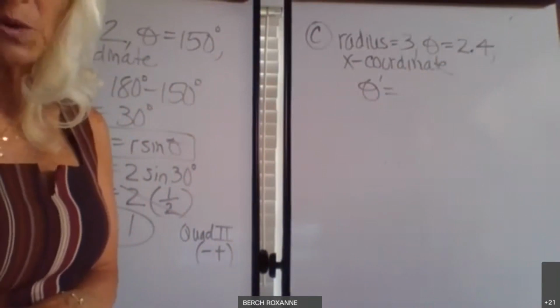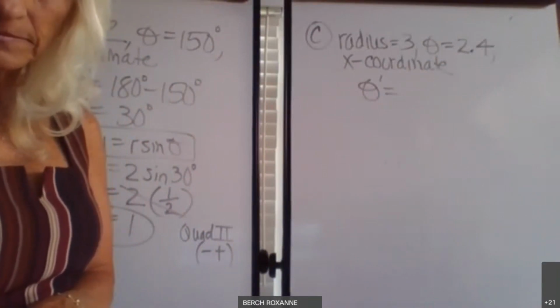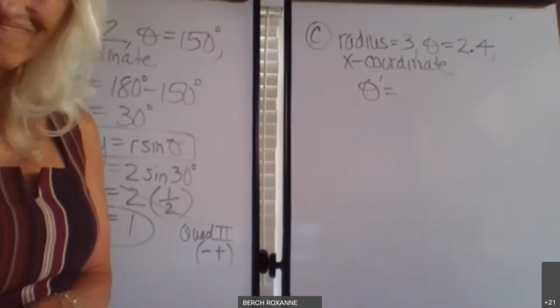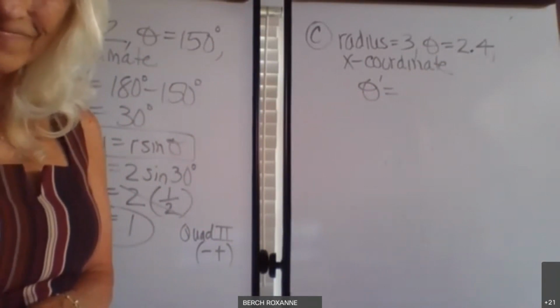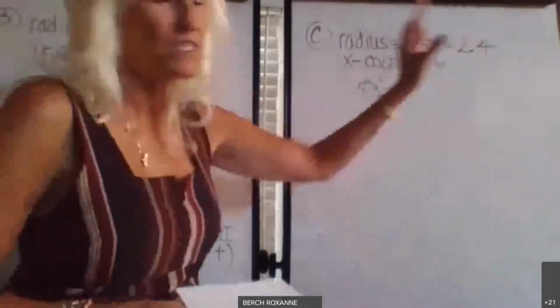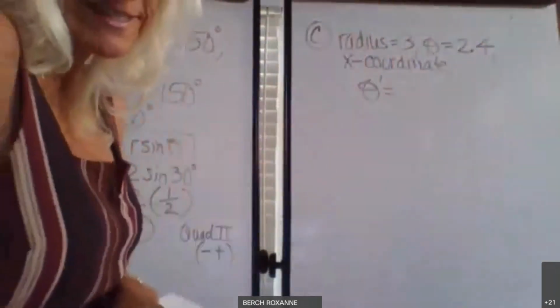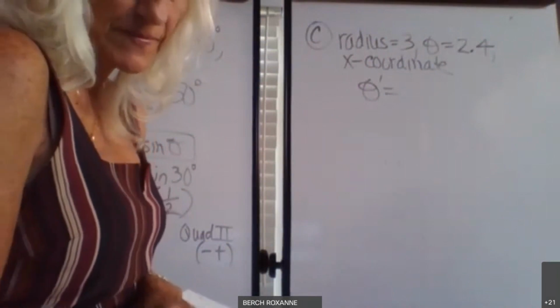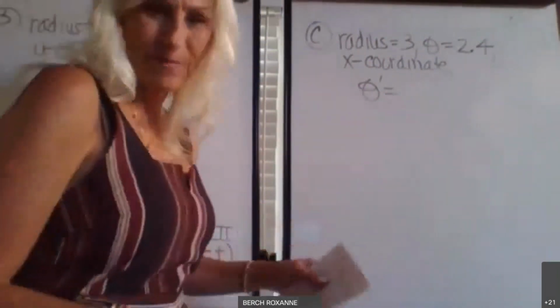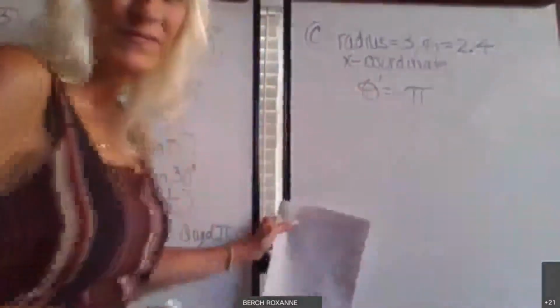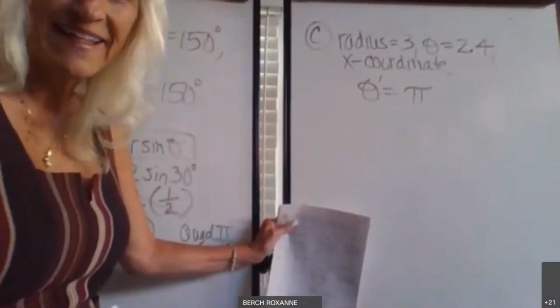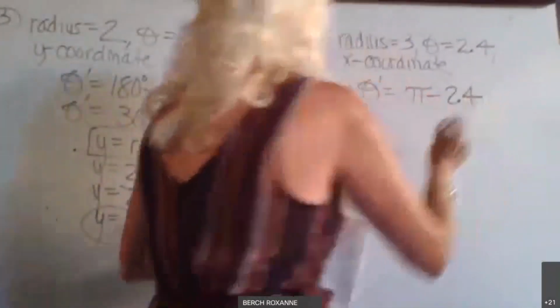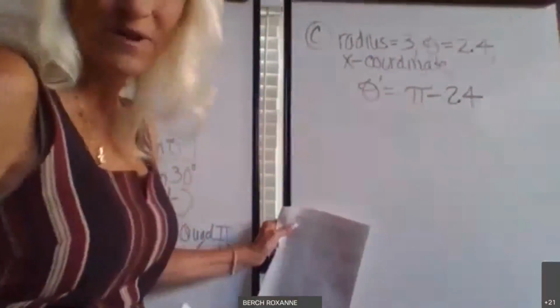So what's the closest horizontal to 2.4 radians? Would it be 180? But we're using radians, so you're telling me pi? Yes, 3.14 minus 2.4.